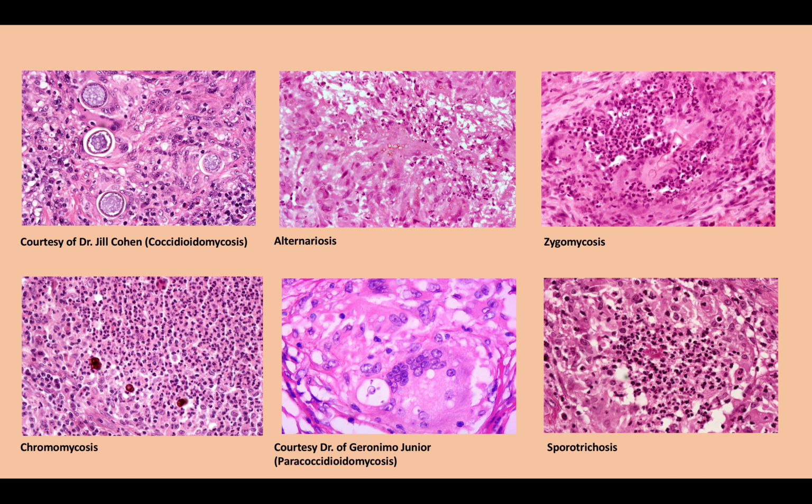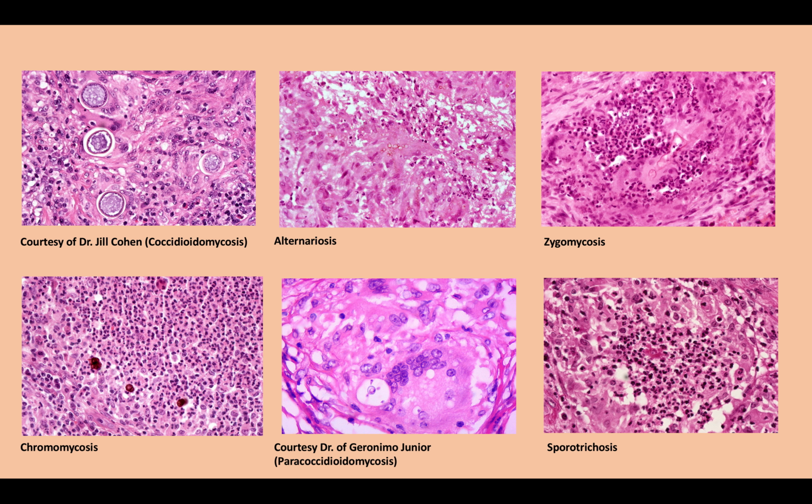Coccidioidomycosis. This is a lovely example shared with me by Jill Cohen from Tucson in Arizona. Alternariosis I'll come to in a different video, but it's quite a difficult diagnosis to make because the organisms are often not terribly conspicuous and you may have to search for a long time. Zygomycosis has a very unique appearance.